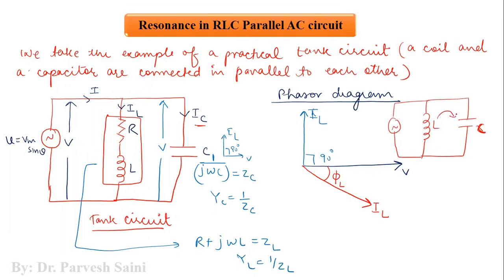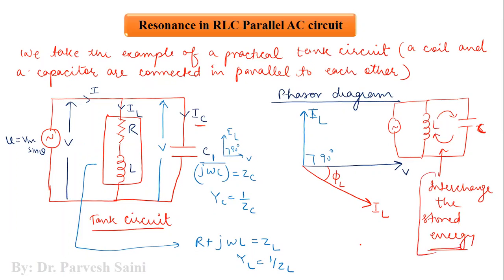So they interchange their energies, the stored energy. When this condition is achieved, we call it resonance in tank circuits. So this is all about the lecture, and thank you so much.